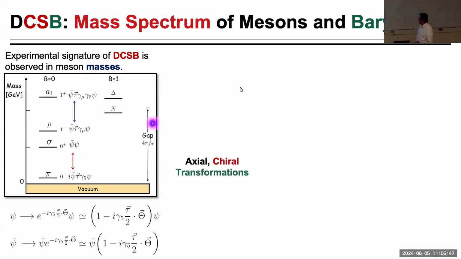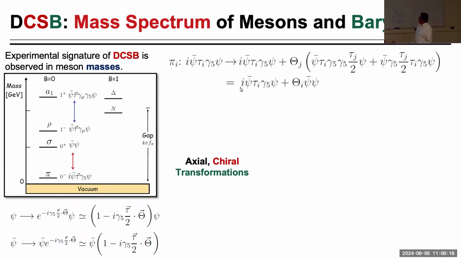Now that's where they sit in the mass scale. If you look at the chiral transformations, which are the transformations between right and left, let's look at SU(2) right and left transformations, which are equivalent to studying vector or axial vector transformations, because you can translate from one to the other by taking a linear combination. There you see, for example, that this axial vector transformation for a fermion or quark field would look like this for SU(2).